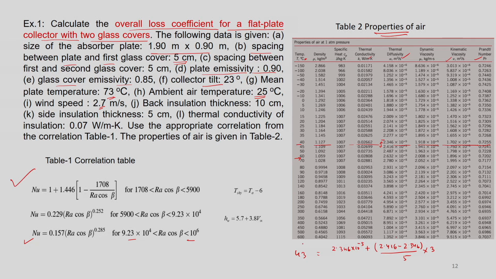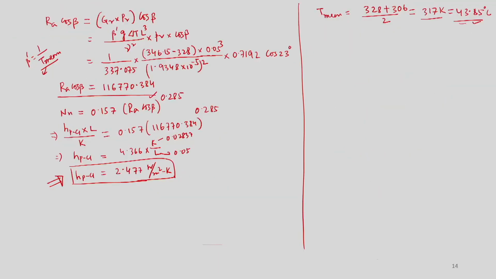So, at temperature 43, the values of thermal diffusivity alpha will be something like this. This is the way we can find the values that are not given in the table. So, we use the appropriate values and we can do the calculation now.